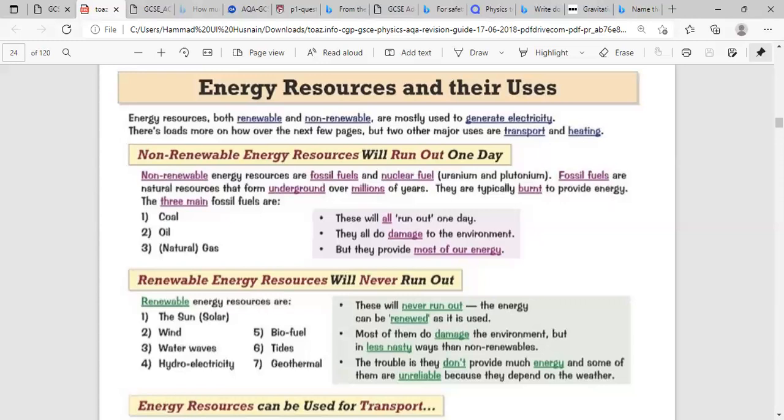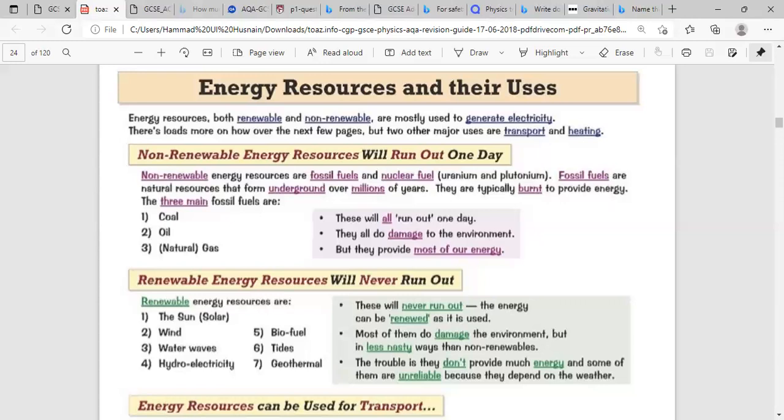They all do damage to the environment. This is a very common thing that we know: all these non-renewable energy resources damage our environment. They spread pollution, like in our cars. Taking the example of cars, we have the exhaust of the car, the silencer of the car, right? The useless gases are being transferred to the surroundings, so our environment is getting polluted.